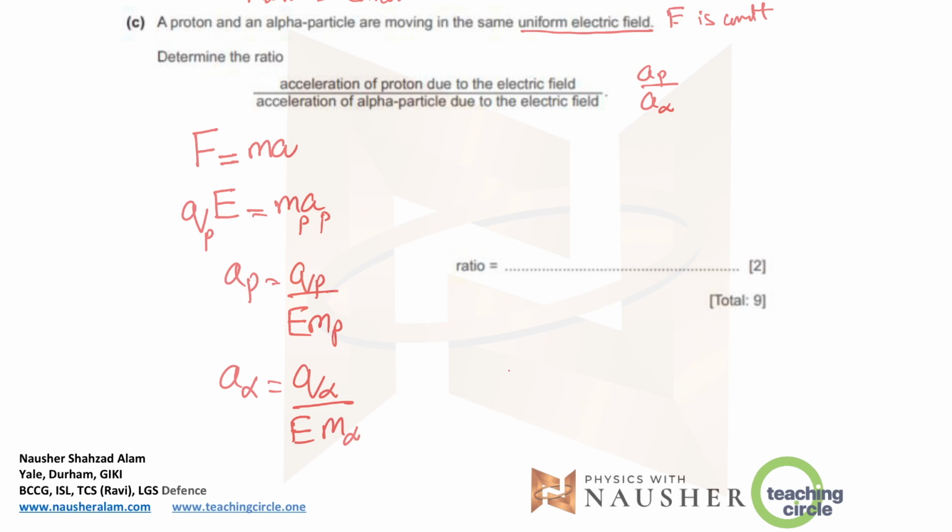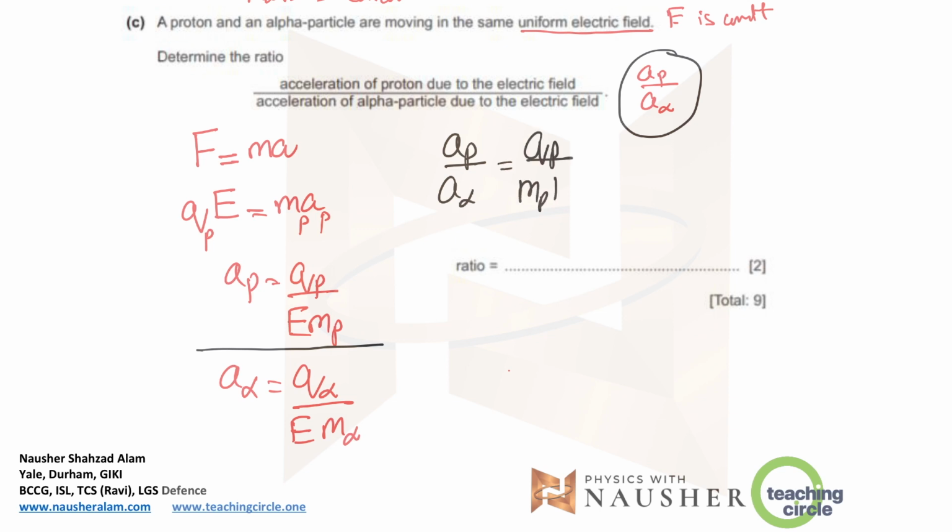Now, because they're asking you AP over A alpha, you have to divide these two equations. So AP over A alpha equals QP over MP into E, divided by Q alpha over E into M alpha.